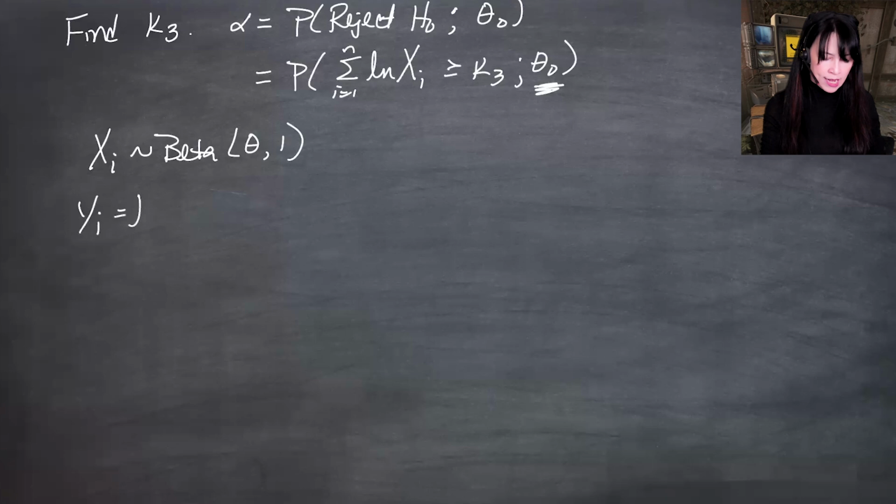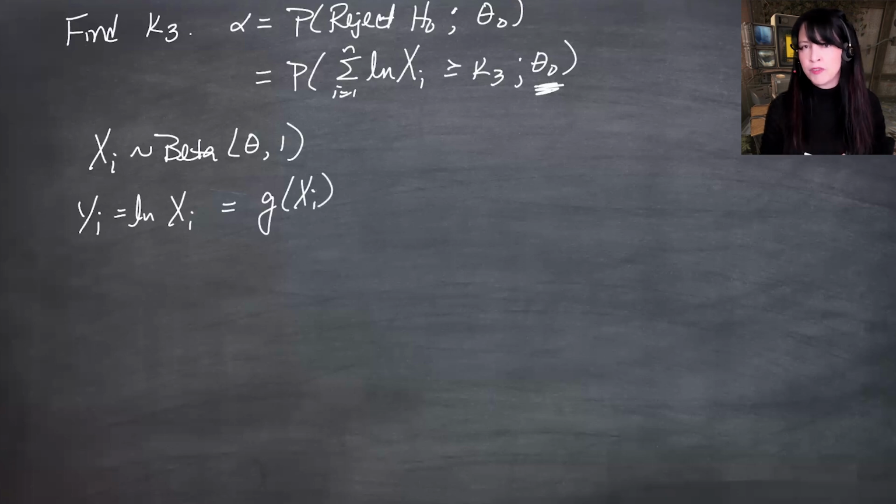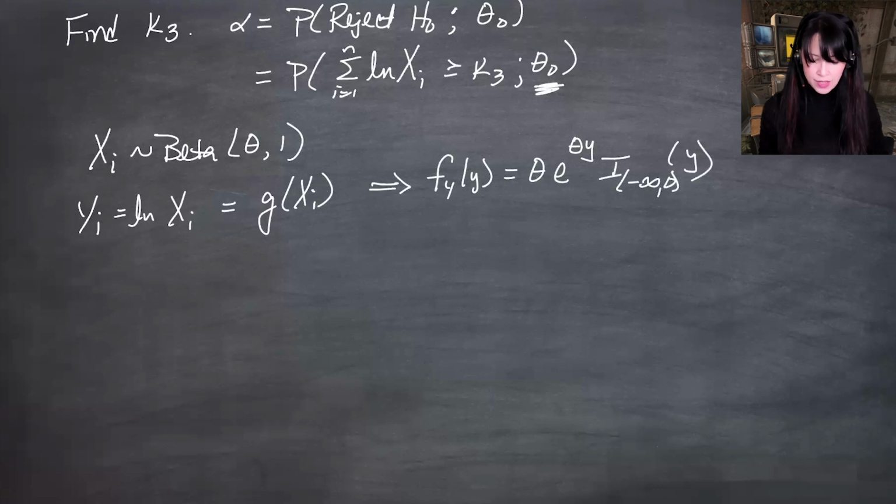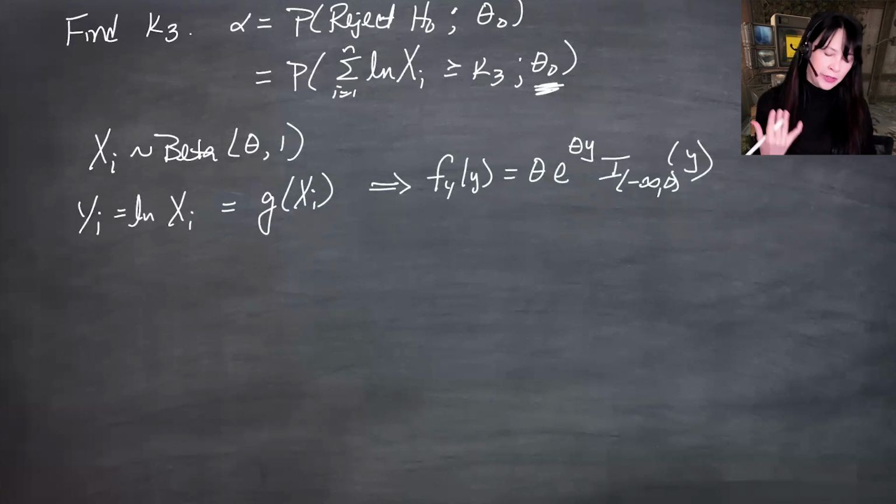If you let Yi be the log of Xi and let this be g of Xi and do the g inverse formula, you're going to see that the PDF for Y is theta e to the theta y on minus infinity to 0, which is looking exponential, but a little bit messed up.